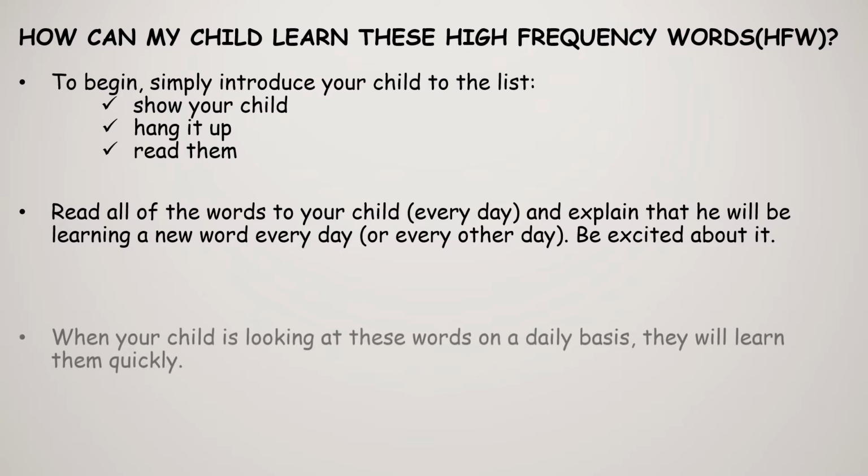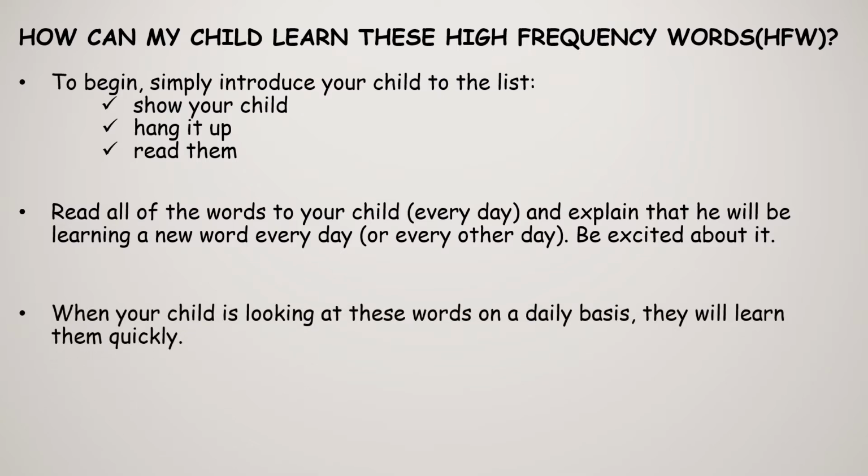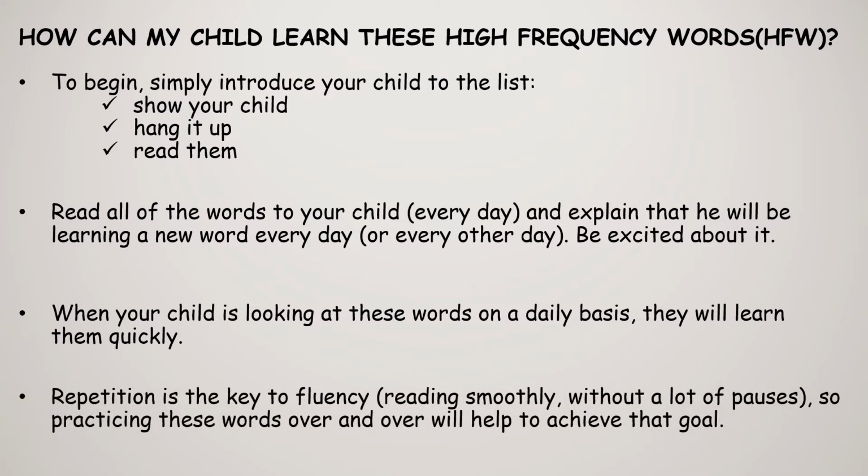Be excited about it. When your child is looking at these words on a daily basis, they will learn them very quickly. Repetition is the key to fluency, which means reading smoothly without a lot of pauses. So practicing these words over and over will help to achieve that goal.